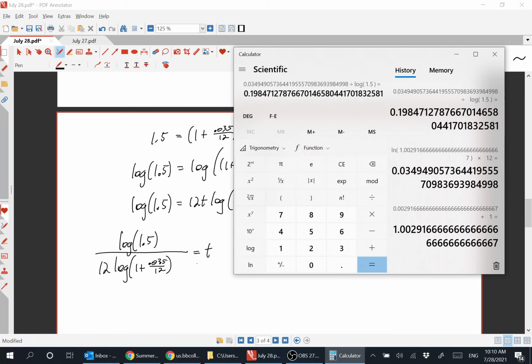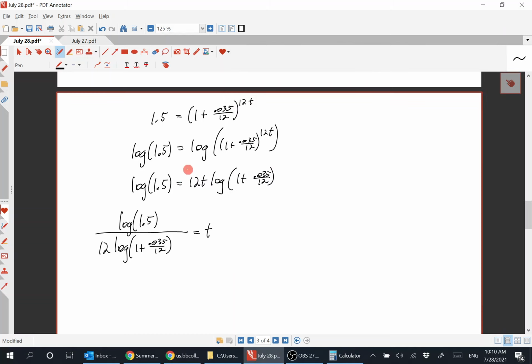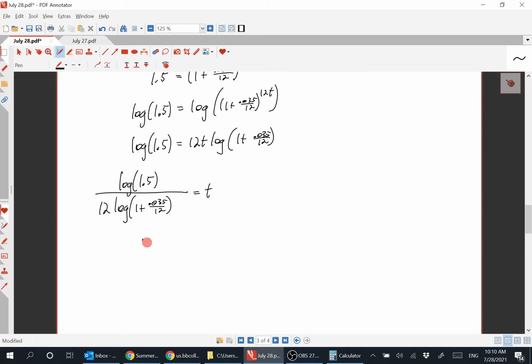When you're doing a fraction on your calculator, you can flip the fraction upside down and calculate the reciprocal. Usually calculators have this reciprocal button, like this 1 over x. Just tap that and it'll give you the number you're looking for. So it's 5.038 years, approximately t.